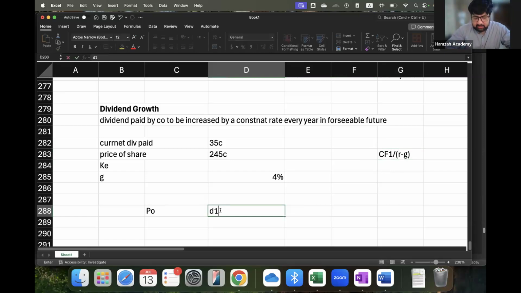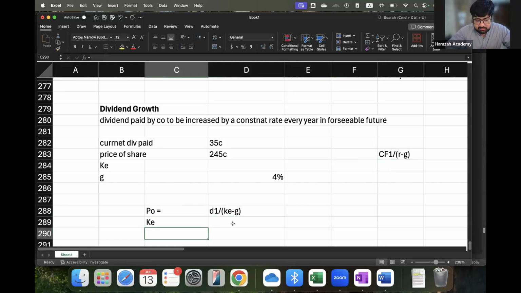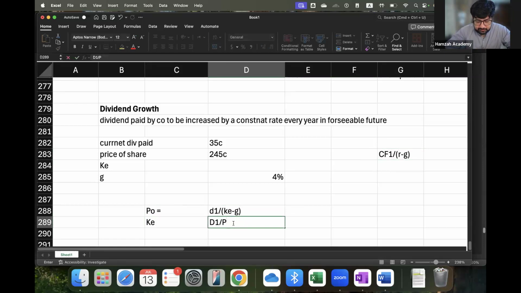So D1 over R, where R is the cost of equity, minus G. This is the price of share. Now we need the cost of equity: D1 over P naught plus G.